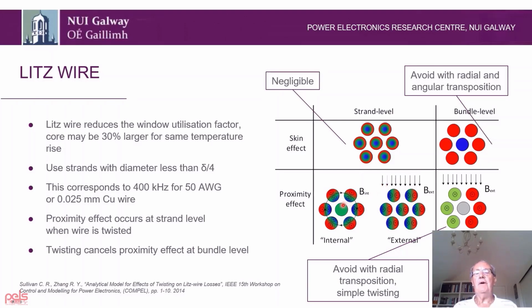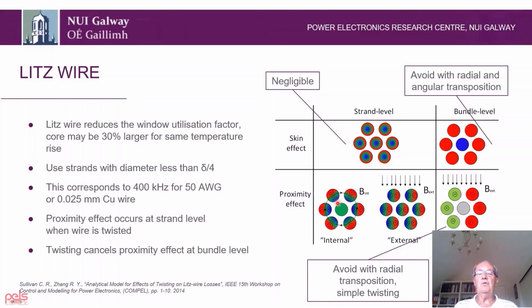Also, we have a very complicated picture now with the proximity effect. We have the proximity effect inside the bundle. We have the proximity effect due to external magnetic fields. And then we have an additional proximity effect where we would have the magnetic field outside the winding.